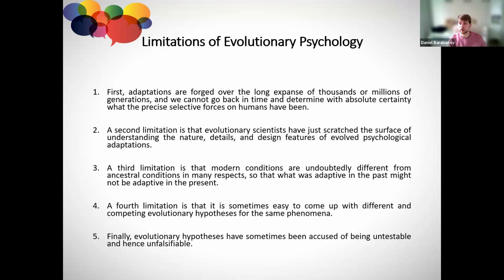Again, because we cannot check certain facts about the past and we lack information about different aspects of the environment and social interactions between people when we emerged as a species, sometimes we have hypotheses which we cannot actually test in scientific research, so they are unfalsifiable, and that's a problem.